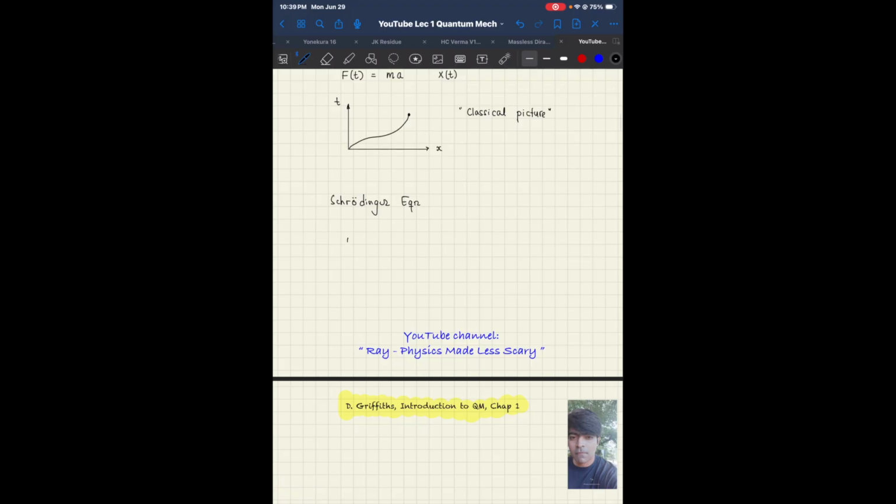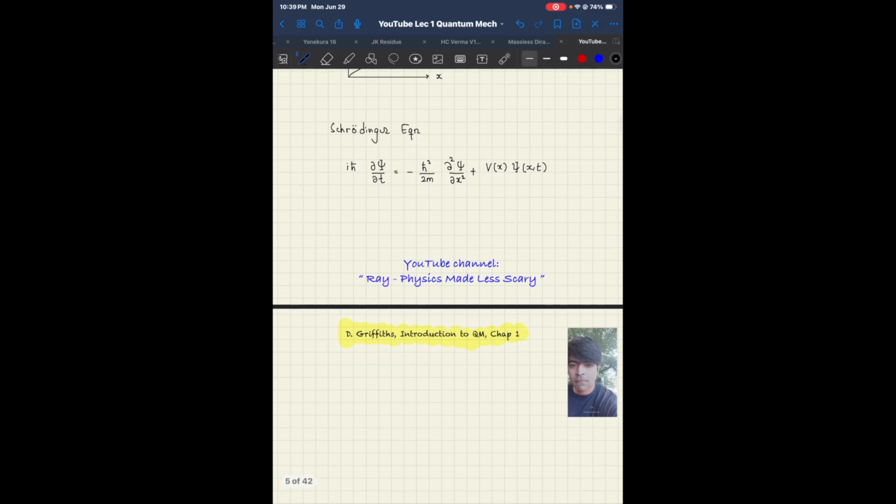Well, this is i h-bar del psi by del t is equal to minus h-bar squared by 2m del squared psi by del x squared plus some function of x times psi, which of course is a function of x and t.